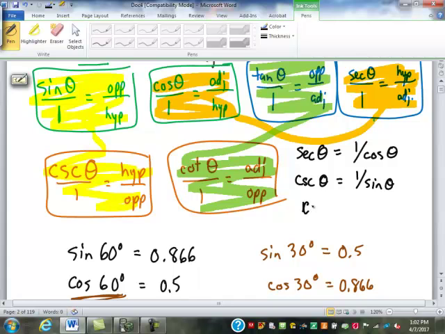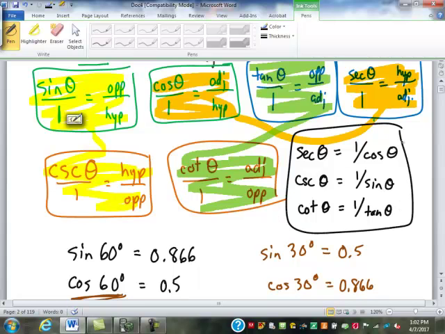And cotangent is equal to the reciprocal of tangent. I would add that little piece to your list, and it is that little piece that is going to enable us to get back to what we were trying to calculate.